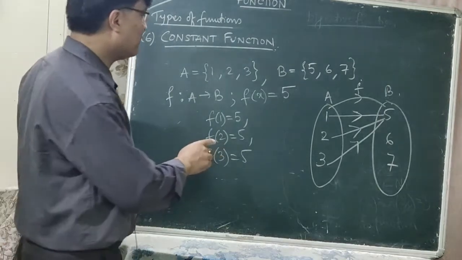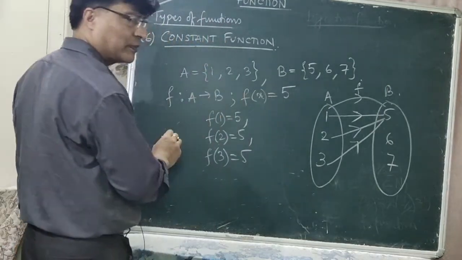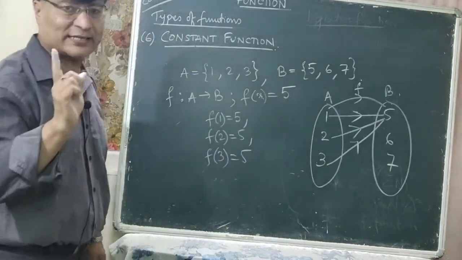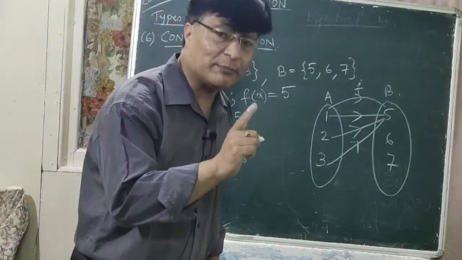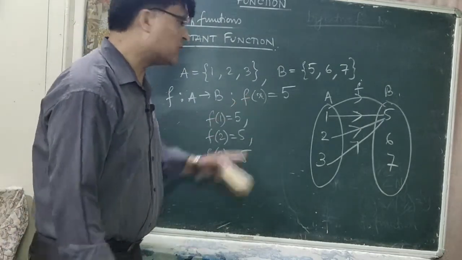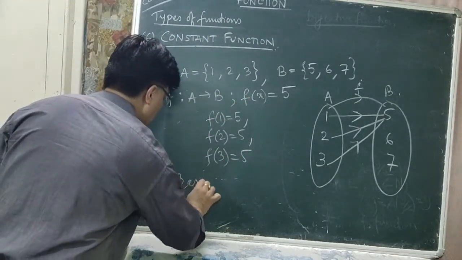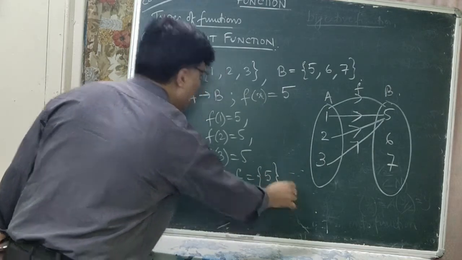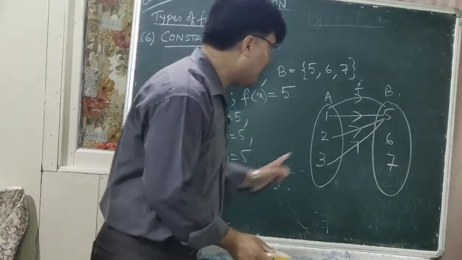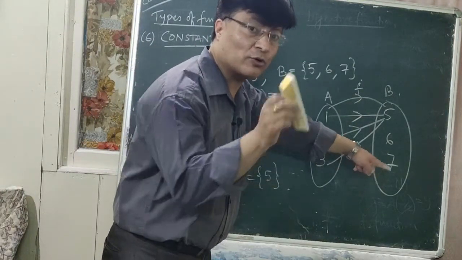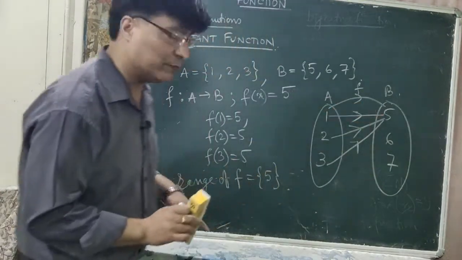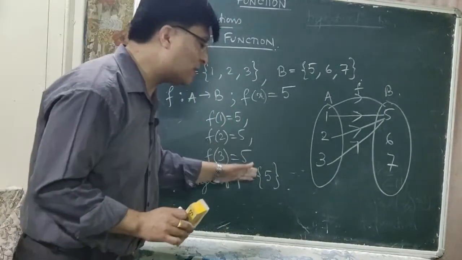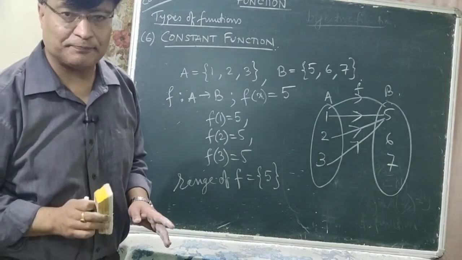So in a constant function, the range of f is only 5. That is known as a singleton set, a set having only one element. The range of function f is equal to 5, only 5 came from the codomain B. That is, the range of f is equal to {5}. Only one element came. That is your singleton set.